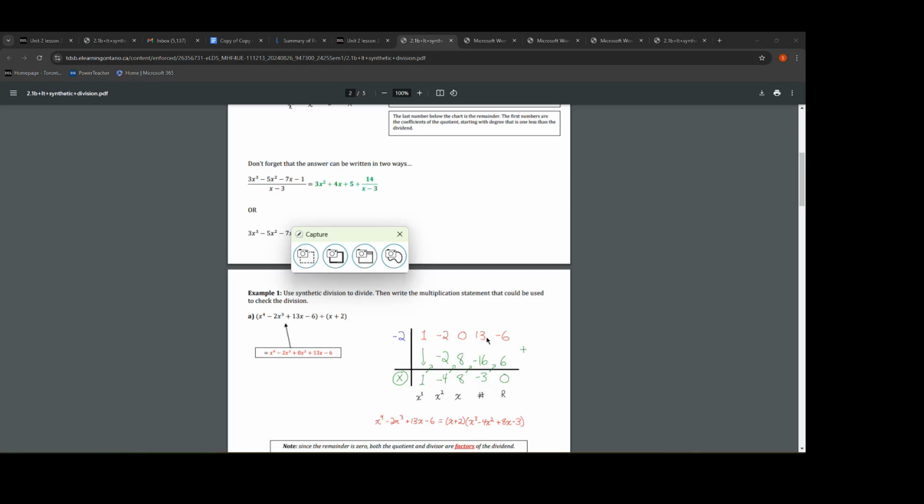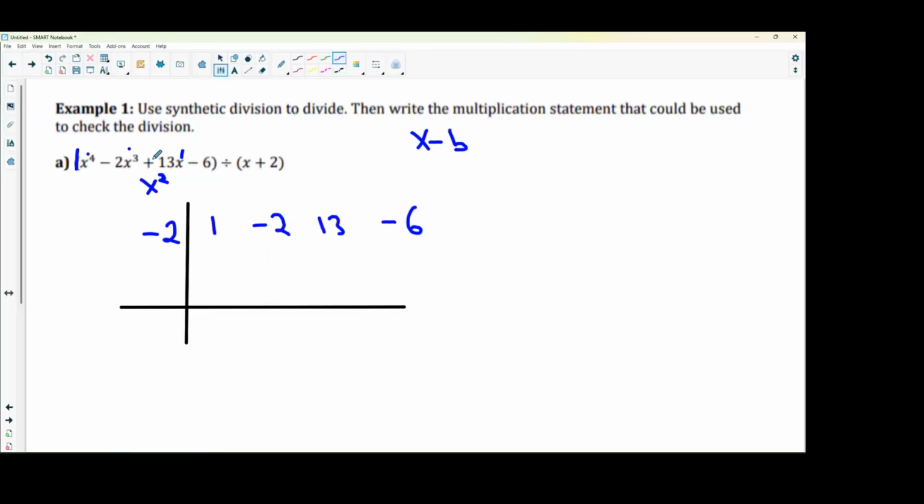You need to show the coefficient of every exponent from greatest to least, so there would be a 0 coefficient there. You cannot forget about the terms that aren't there. So 1, -2, then 0, then 13, then -6.